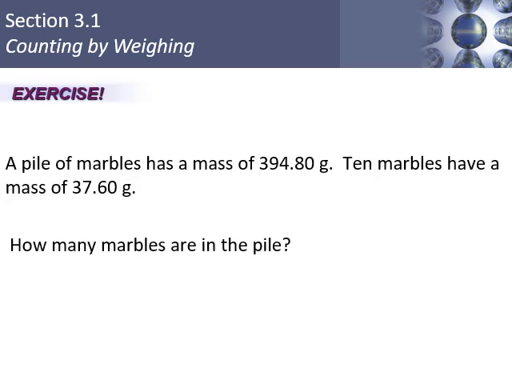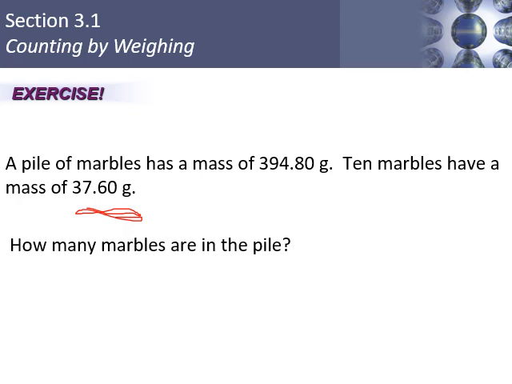So, for example, here's another thing just like what I just said. We have a pile of marbles that weighs a certain amount. And then the second sentence says 10 marbles have a mass of 37.6 grams. All right, so what we can do is start with the second sentence here. If 10 marbles weigh 37.6 grams, first of all, use that to figure out how much one marble weighs.